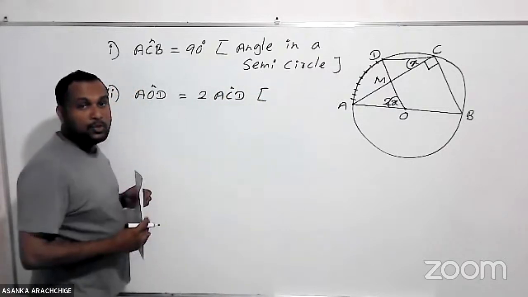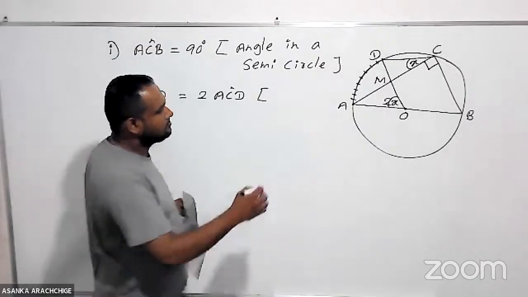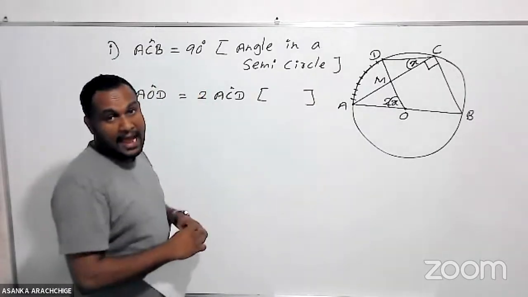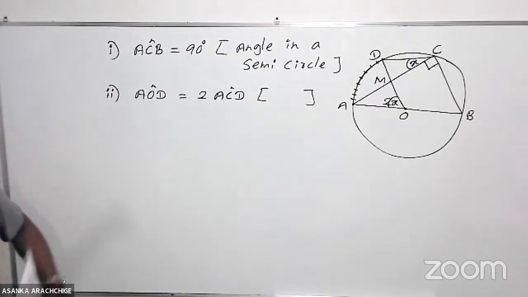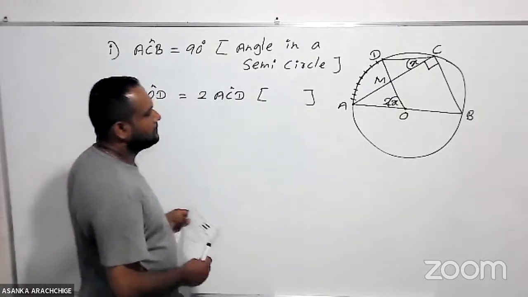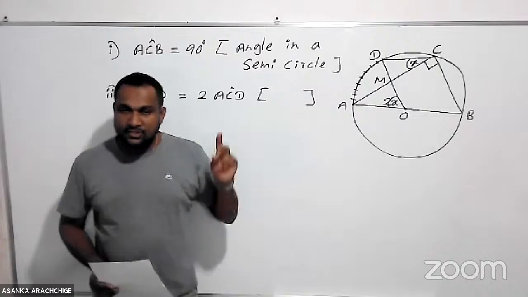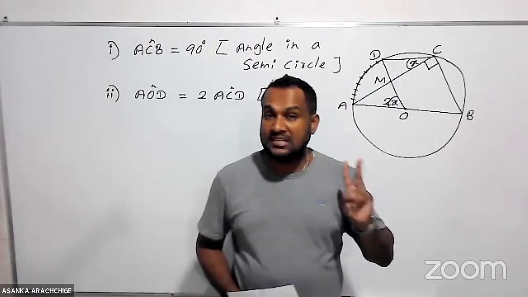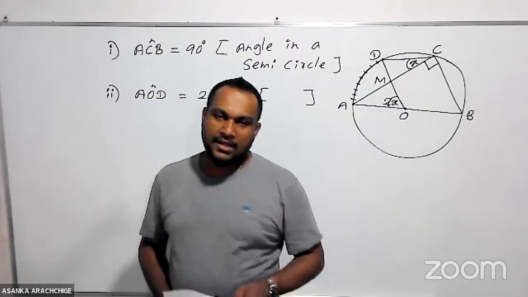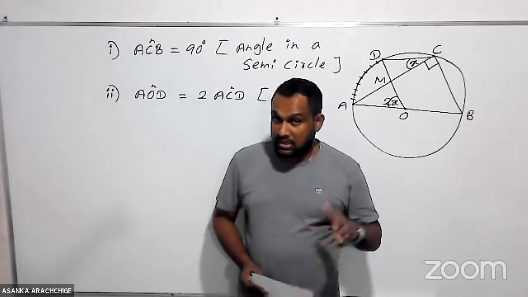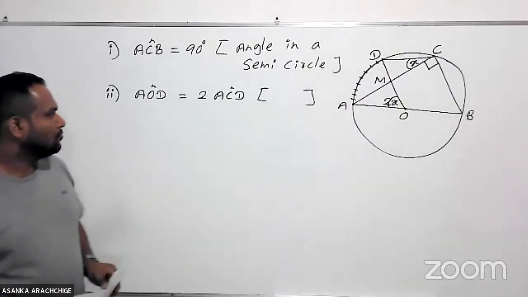Write the reason: angle subtended at the center is twice the angle subtended on the other arc.